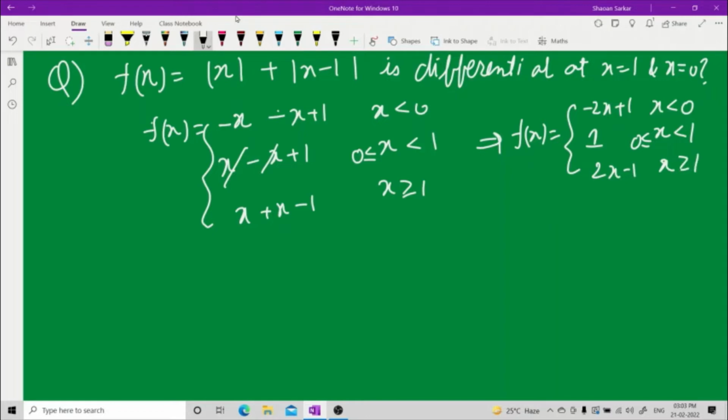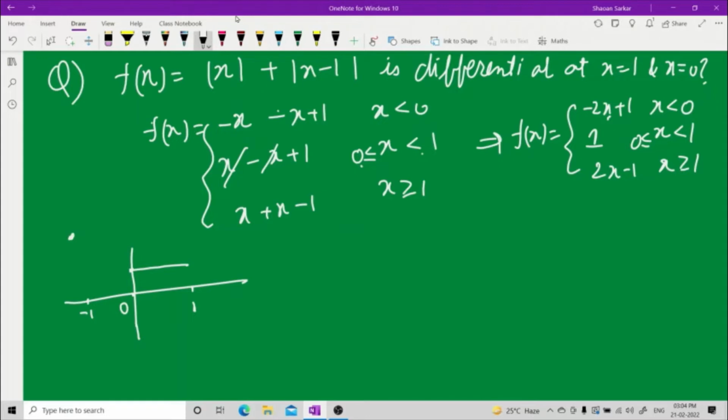And the graph of this function is, now you see, this is your 0 point, this is your 1. At 0 and in between it is 1, so it will be like this. Now if you put -1, it will become 3, so at -1 it will be somewhere here.